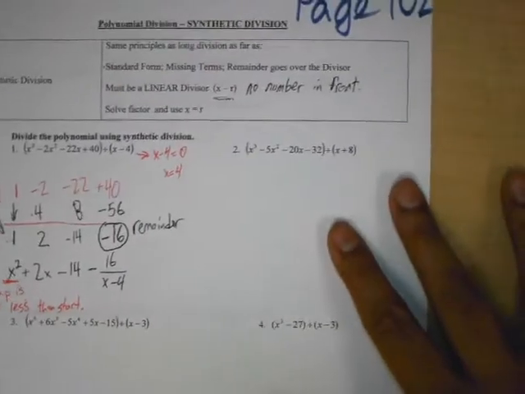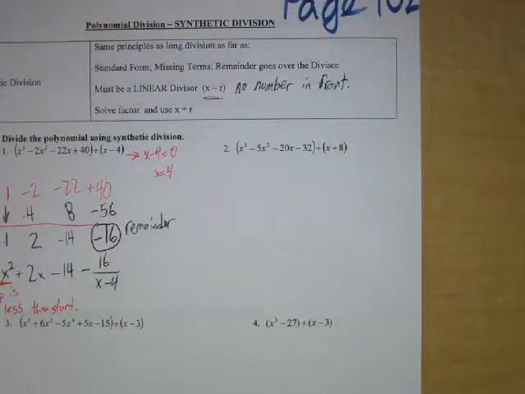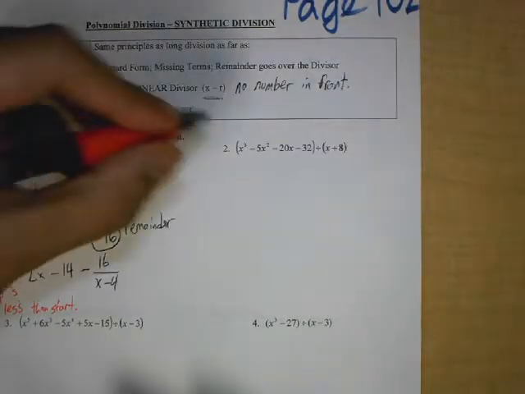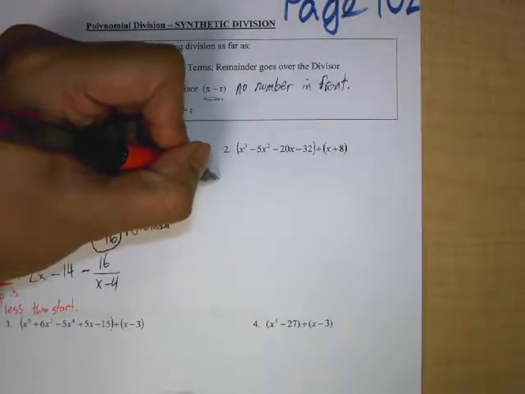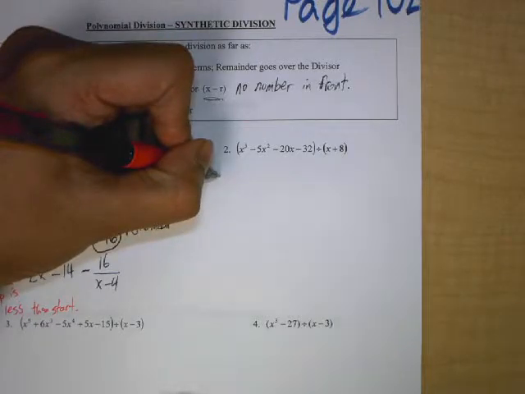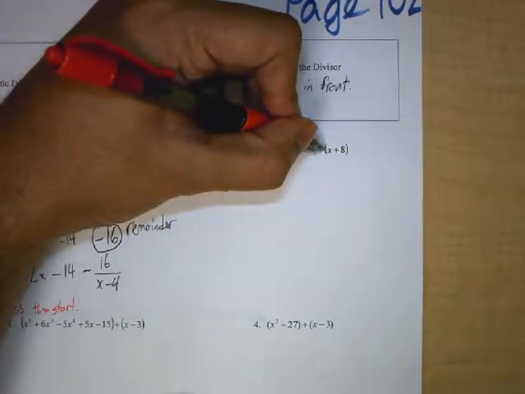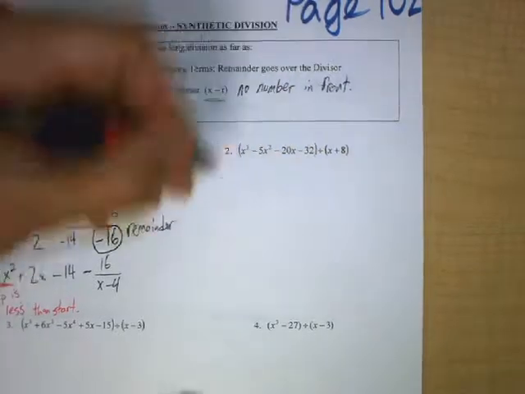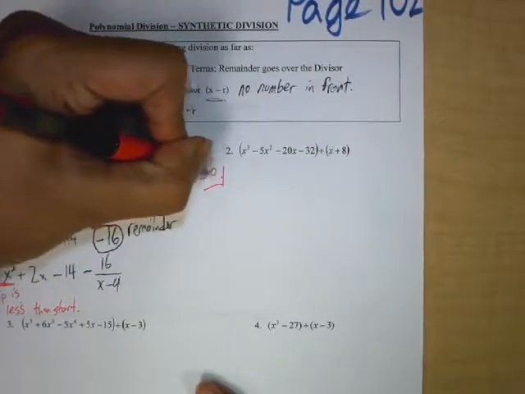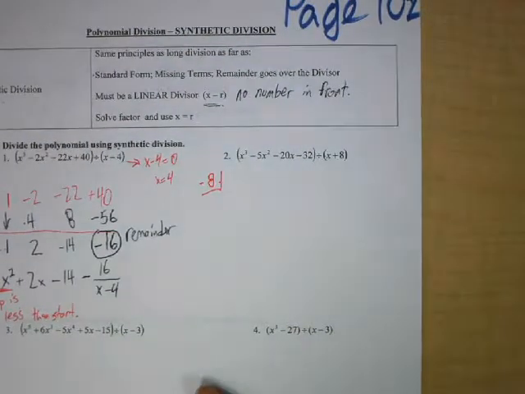So if we take a look at problem 2, again we need the solution for this. Not 8, but negative 8.